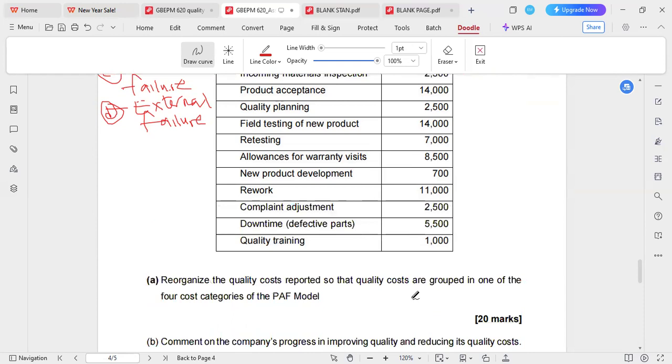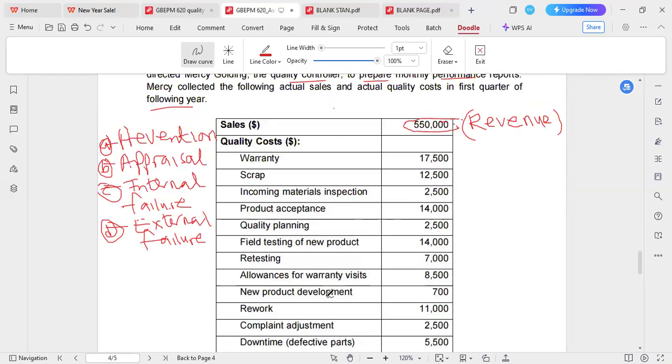Now we need to reorganize the quality costs reported so that they are grouped into one of the four categories of the PAF model, which means we have prevention, appraisal, internal failure, and external failure.